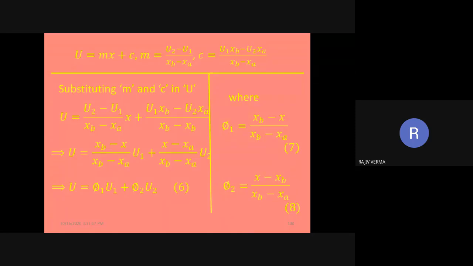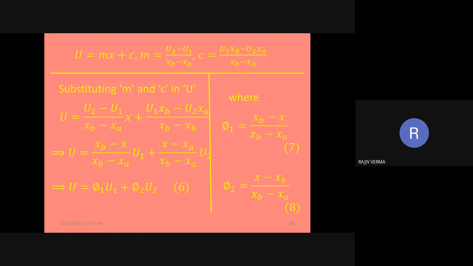This is because we did the entire derivation for a linear element in which u was represented as mx plus c. We started with the linear expression. As a result, we got linear expressions for phi1 and phi2. And in this particular element, the unknown parameter u is represented as u1 phi1 plus u2 phi2.